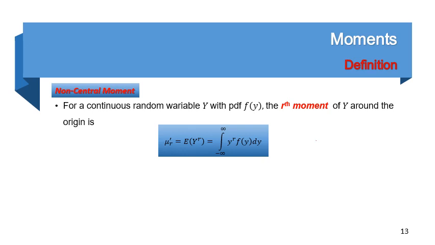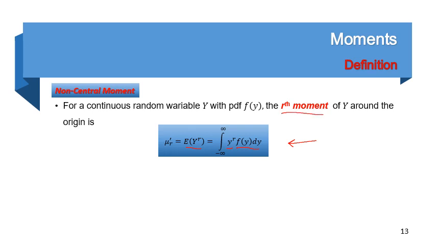So we need to know that if you need the expectation of y with any power, all I have to do is take the integration of this y with a power, multiply by the density function dy, and integrate. I will get what we generally call, since it's y power r, the rth moment.